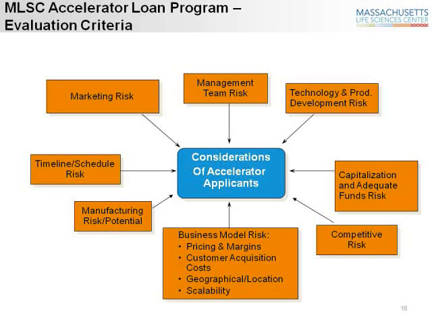There are business model risks, which to the extent that you can discuss the kind of pricing or margins involved in your product, what it will take for you to acquire customers, where you're located in the state of Massachusetts, and your ability to scale. All of these are considerations that the reviewers will take into account, that they consider to be related to the business model.